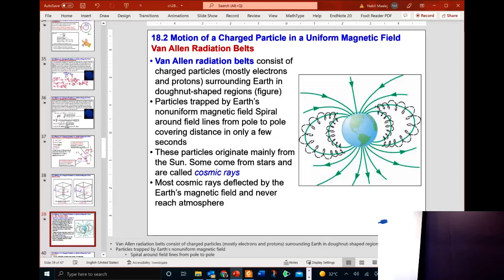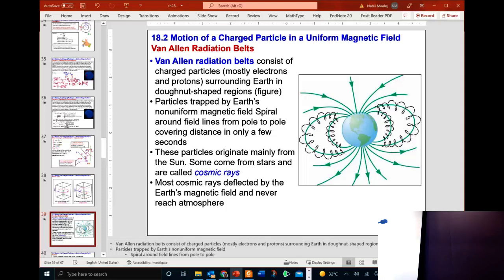What happens is when these charged particles interact with the atmosphere, they will generate the northern lights. The reason we don't see northern lights in the UAE is because the magnetic field line is far from the atmosphere, so the charged particles are not interacting with our atmosphere.